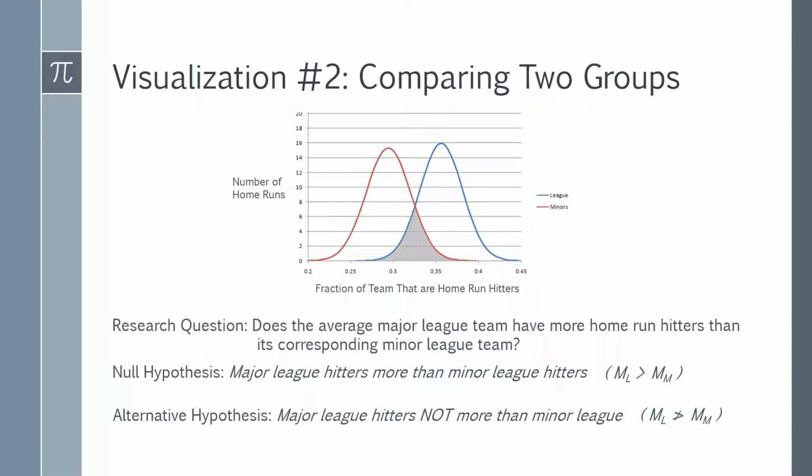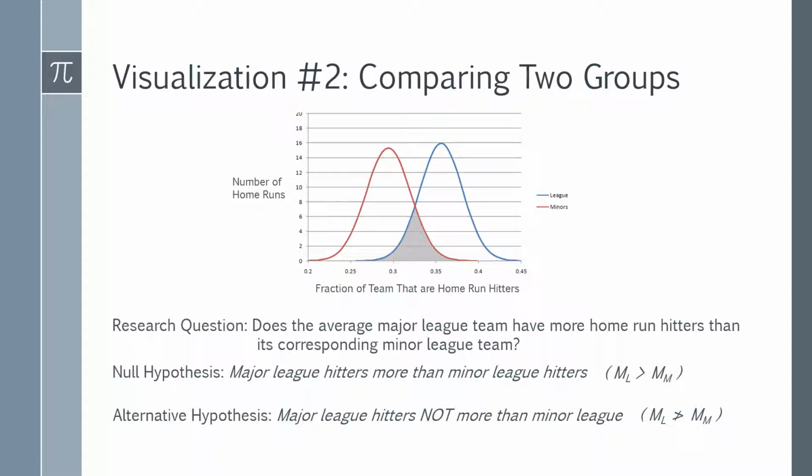And the red bell curve represents the minor league, and the blue bell curve represents the major league. Now, visually looking at these two curves and comparing them, we can tell that the average of the blue curve is higher than the average of the red curve, simply because of how it presents itself on the curve.